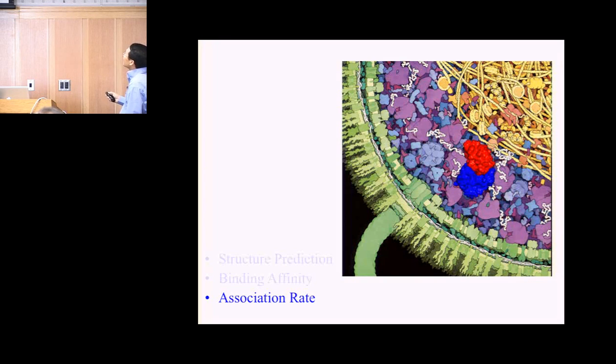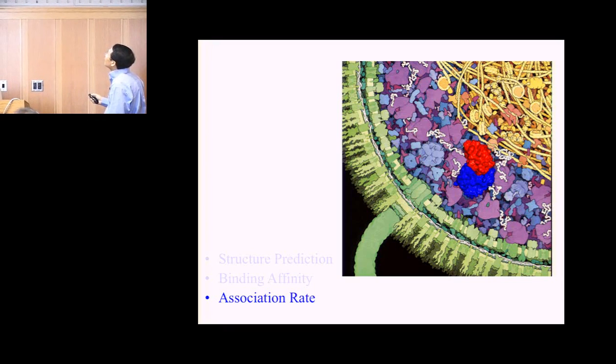This is David Goodsell's rendition of the cytoplasm of E. coli. The point of this picture is to show that the spacing between neighboring macromolecules, for example between neighboring ribosomes, is less than the size of a typical macromolecule.